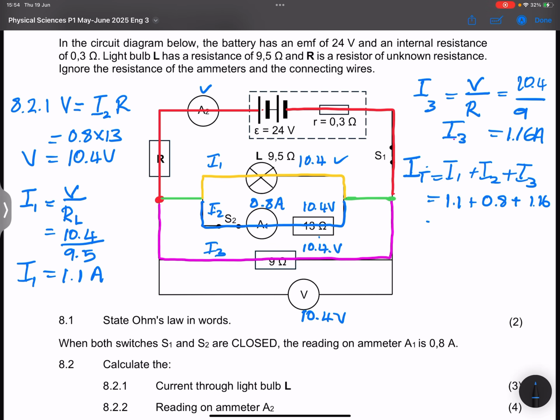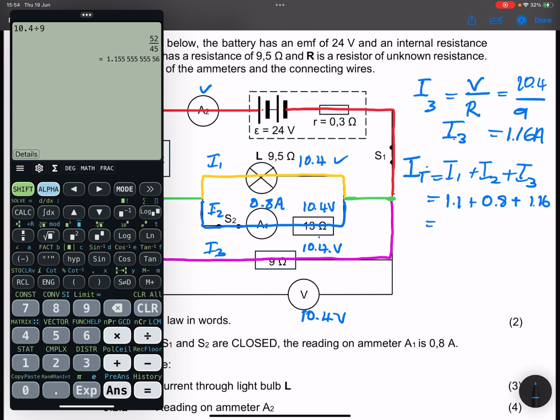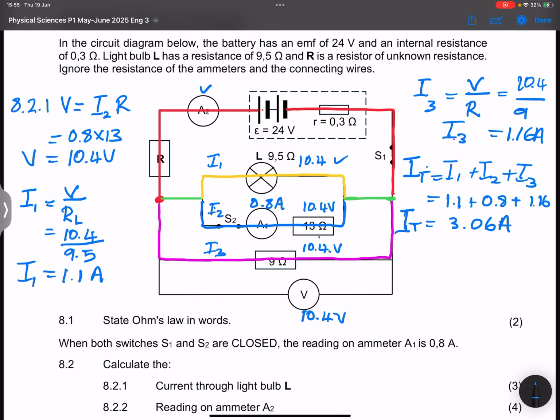Okay, so let's add those together. I get a total current of 3.06 amperes. So that is the reading on A2. That's the total current in our circuit.